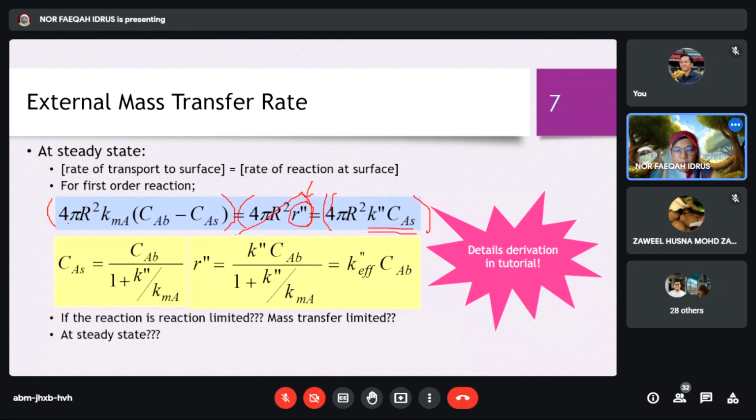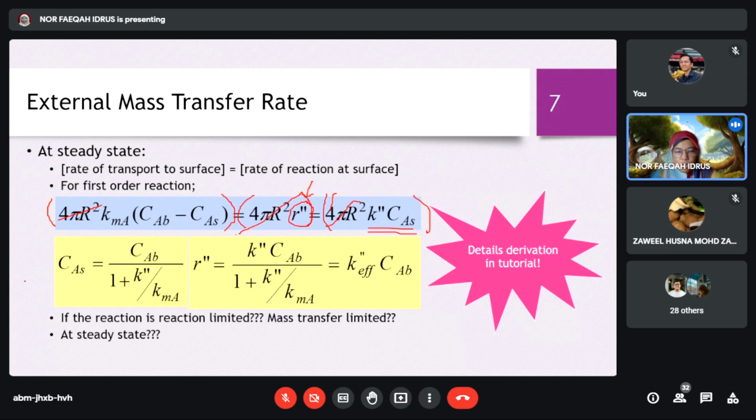Okay, and then 4 pi r squared, because on both sides we multiply with the surface area, we can cancel out 4 pi r squared. Therefore, the final equation is k_m (C_AB minus C_AS) equal to k C_AS. Right. And then rearrange for C_AS.